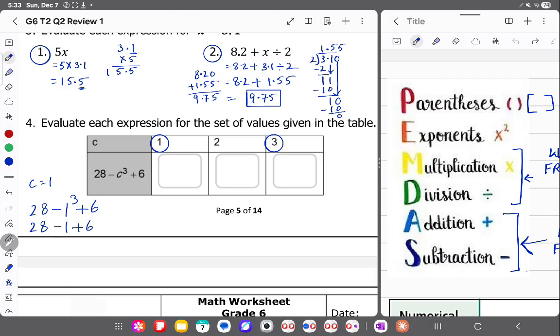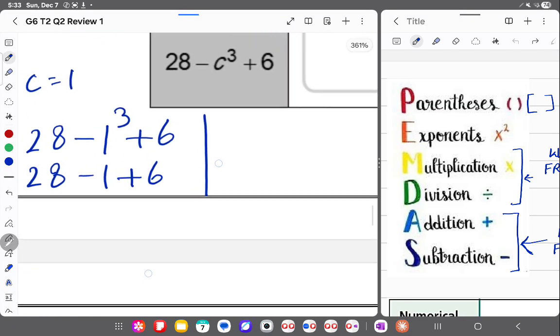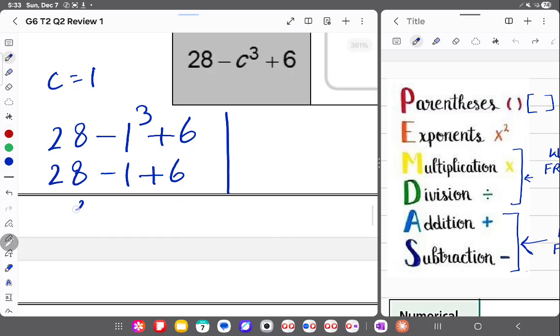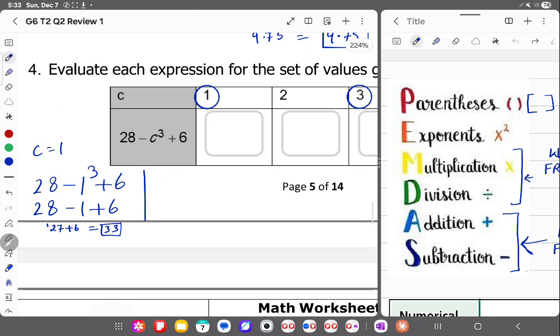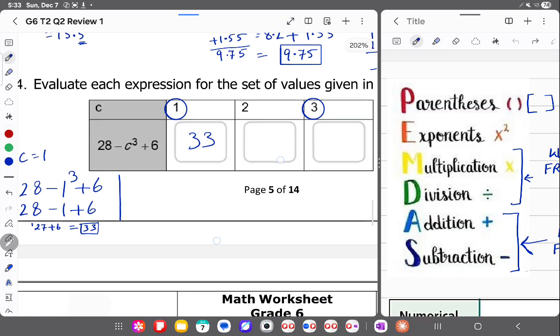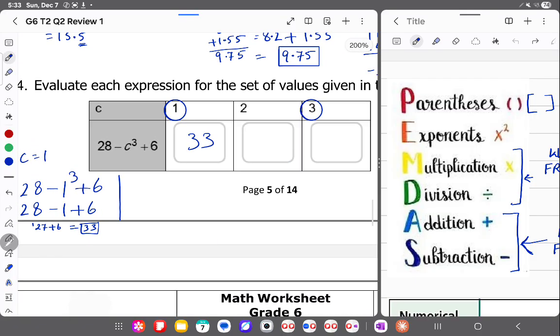Following the rule, we start from left to right, so we'll do 28 minus 1 first. 28 minus 1 gives us 27 plus 6. So 6 plus 7 is 13. I write here 3, 2 plus 1 is 3. So my answer with C equals 1, the first answer, is 33. Now I will solve for you when C is 3, and you will solve by yourself when C is 2.